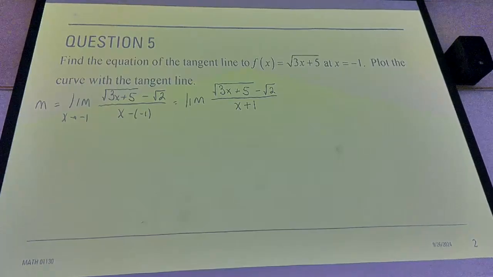So it's a technique that is used in algebra. Multiply by the conjugate. It's called rationalization, except we're rationalizing the numerator, not the denominator.